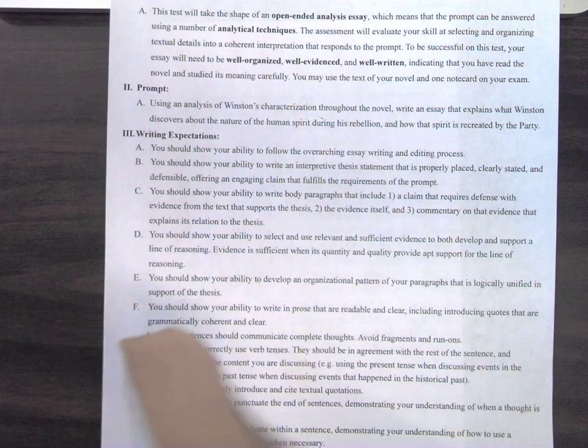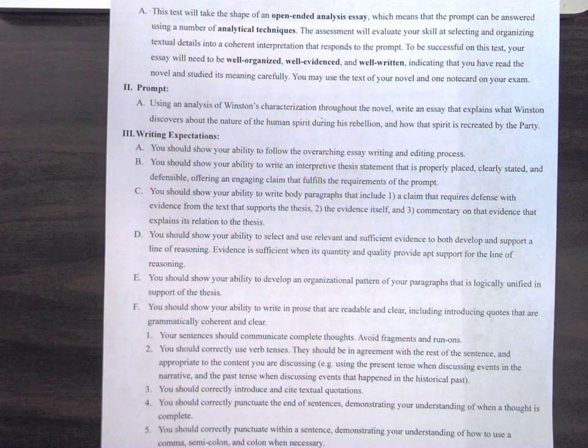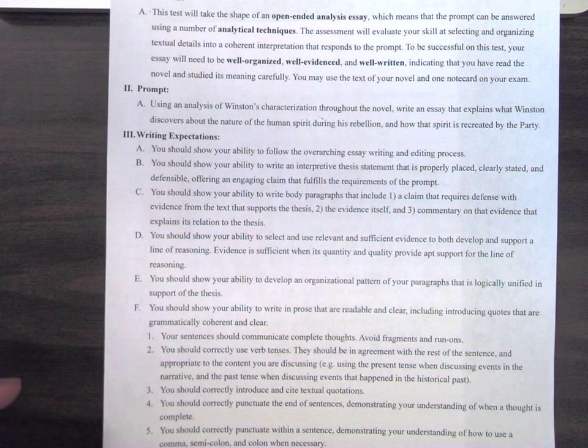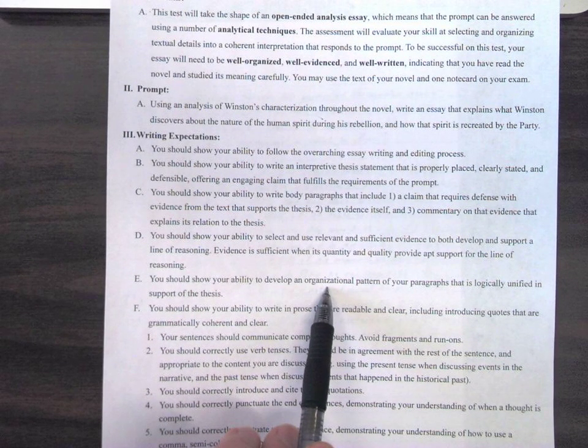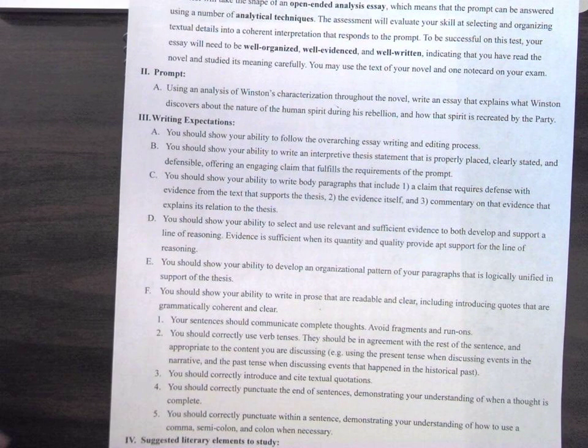Show me your knowledge of this book as you take me to important places that illustrate the significant things that you are claiming in your thesis. And second to last, you need to make sure that it's organized logically and that your prose is readable and clear according to these 5 specific instructions.